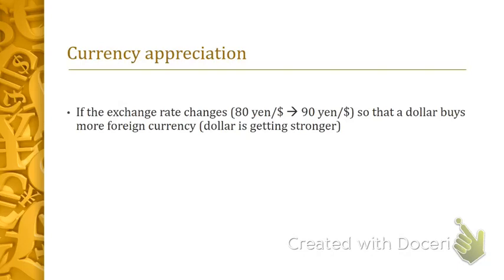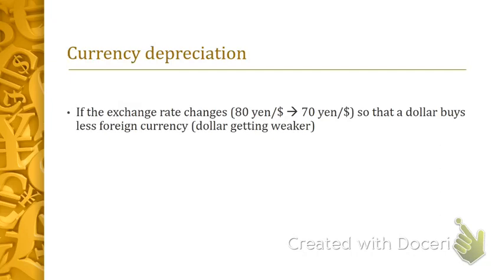It can be kind of confusing because you think the amount of the other country's currency going up means it's getting stronger, but it's not, because you're getting more for a dollar when the foreign currency exchange goes up.